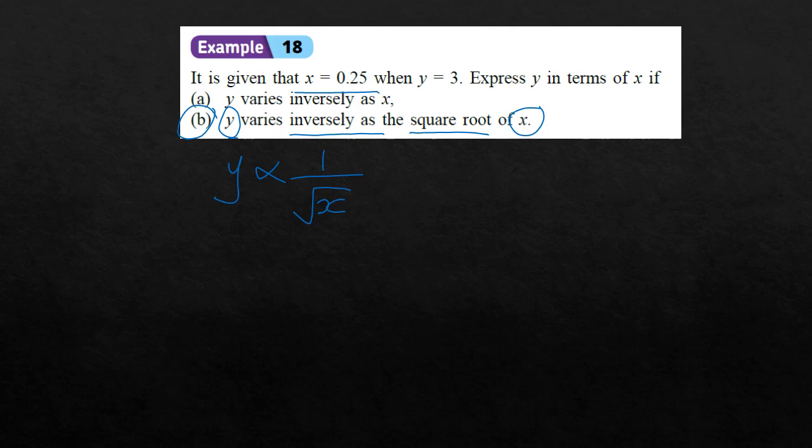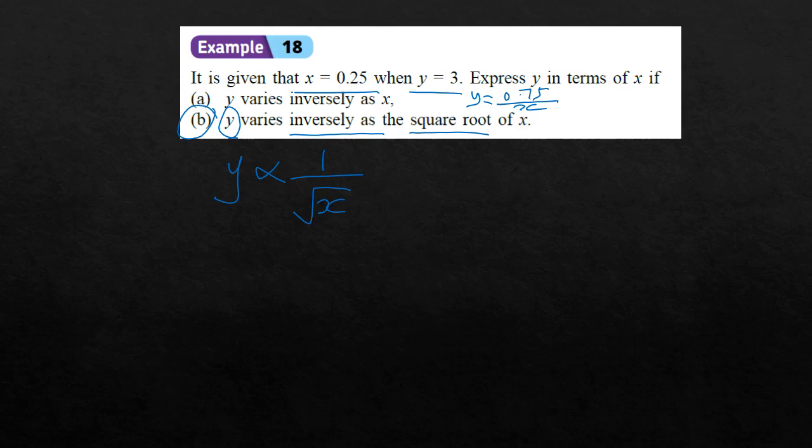You use the same x and y. Can you use the same k from here? Y equal 0.75 divided by x. Can you use that one? Can you use the same k?